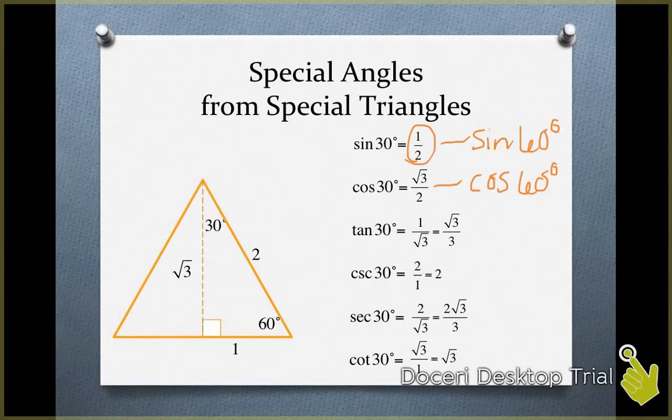And what you come to find out with these special angles is that there really are just a limited number of actual answers that we get. And it's just about where they get assigned with each type of triangle and with each type of angle.